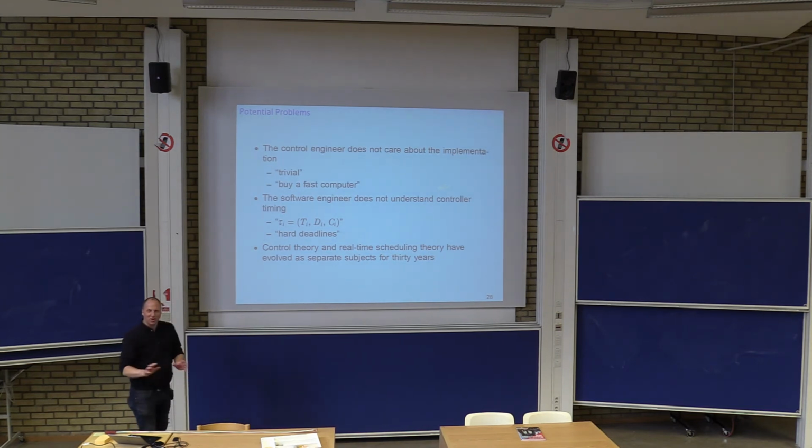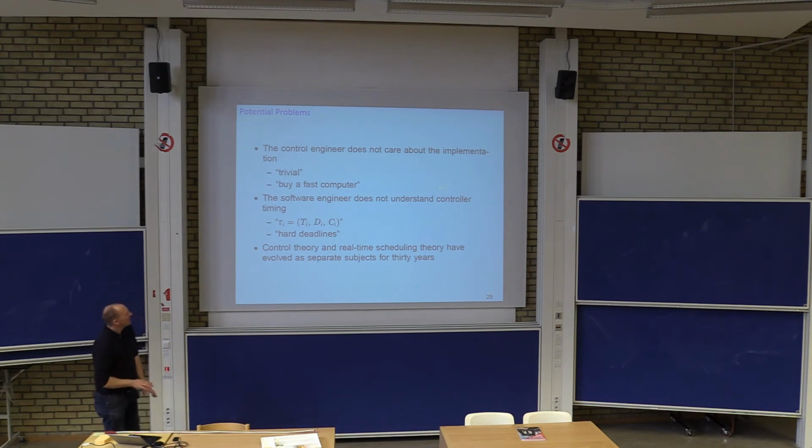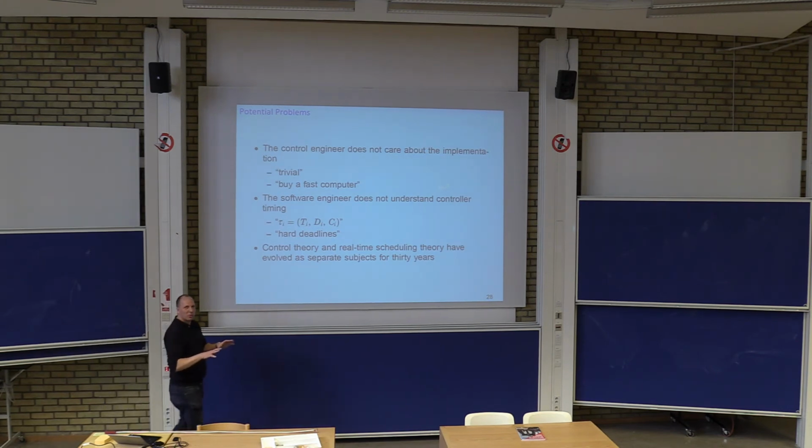And what we try to do in this course, since you are mainly control engineers, is to teach you a little bit about what's going on under the hood in the real-time operating system. It's much easier for you to understand the basics of a real-time operating system than it is to teach the software guys everything about control theory.